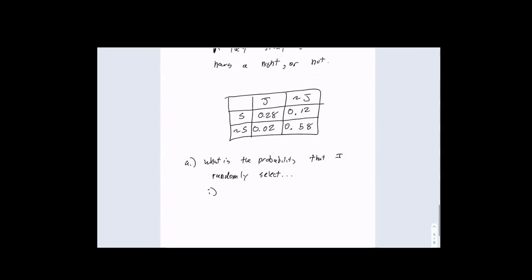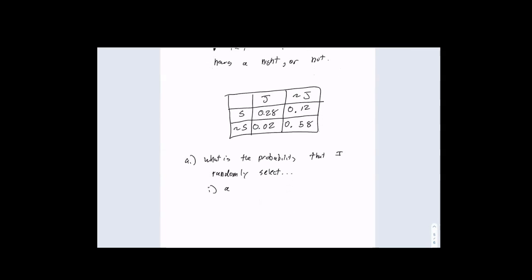Now, from this table, I can answer the very first question. What is the probability that I randomly select a junior who studies?